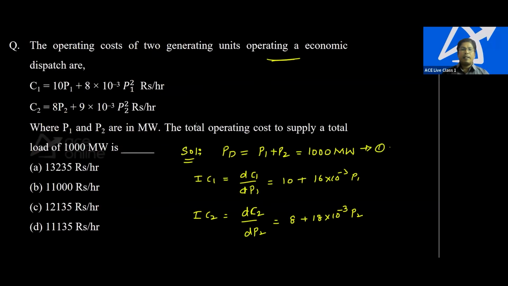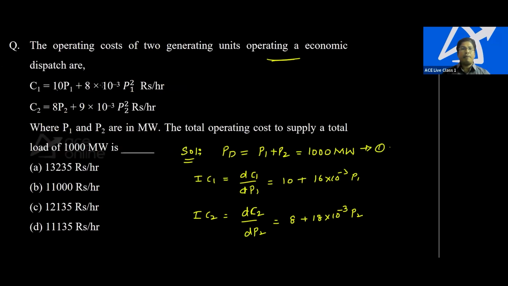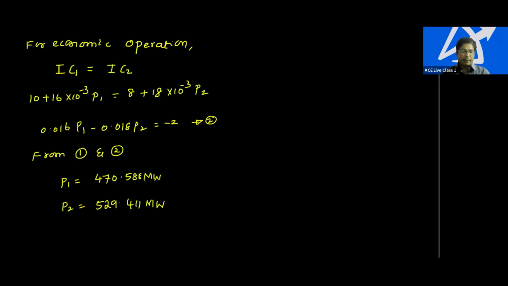And they're asking what is the total operating cost to supply. Total operating cost is nothing but C1 plus C2. Therefore, F total is C1 plus C2. What is the value of C1, students? C1 is 10 P1 plus 8 × 10^-3 P1 squared. Substitute the value of P1, which is 470.588.